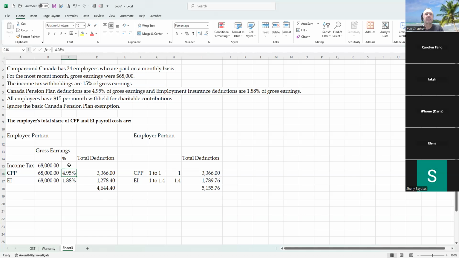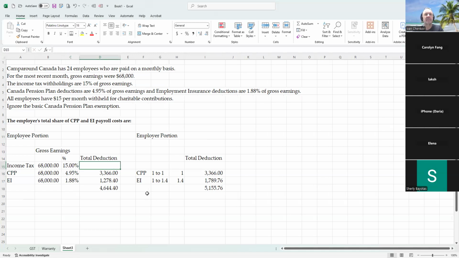How much is the percentage of the income tax? Do we know it? It's 15%, correct? So how much will that be? We have to deduct from the employee $10,200.